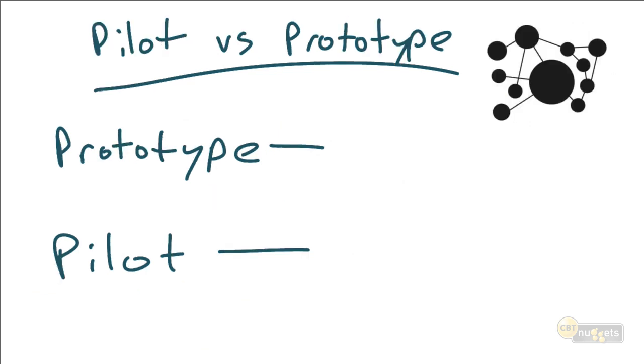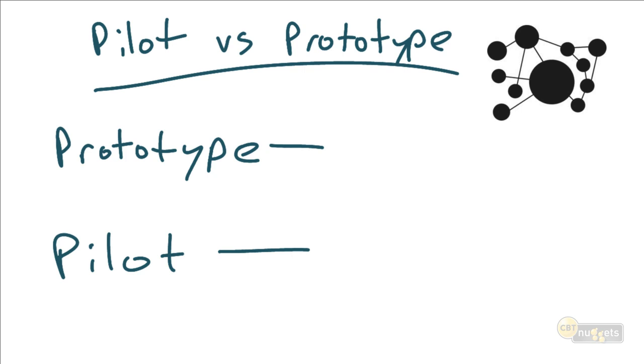Now, I've got great news for you. You've got a secret weapon when it comes to ensuring your design knocks the customer's requirements out of the park, to use a baseball analogy. These actual two secret weapons that you possess are pilots and prototypes.